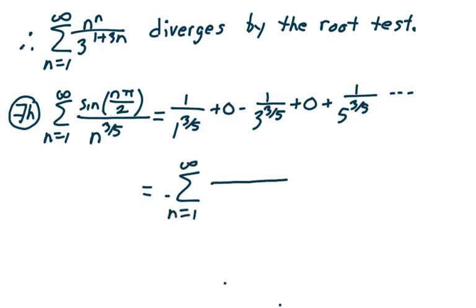Now, in the denominator, notice how we have an odd number to a 3/5 power. To represent an odd number, we're going to do 2n minus 1 to the 3/5.